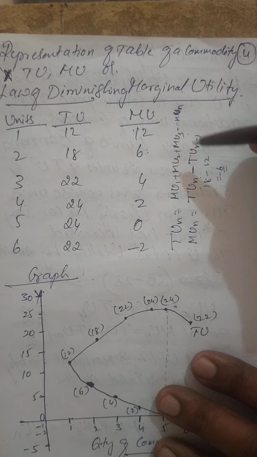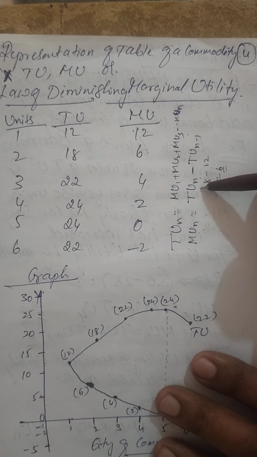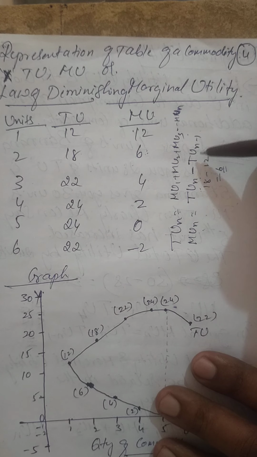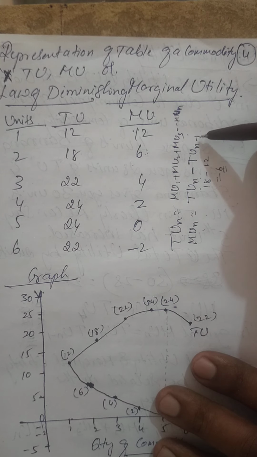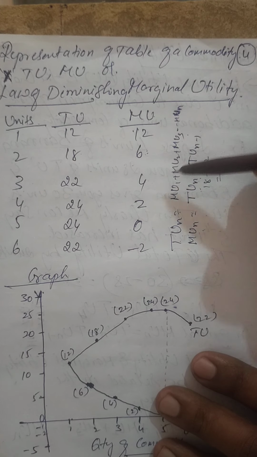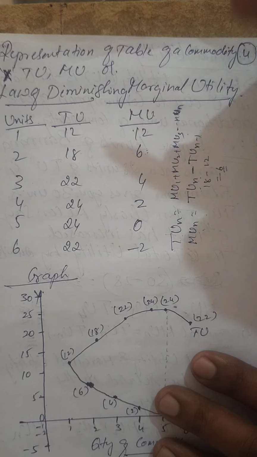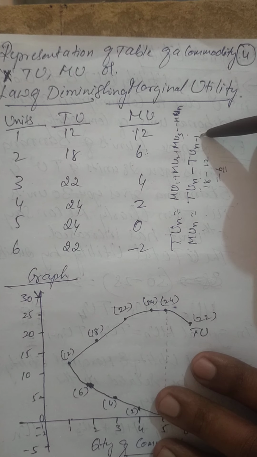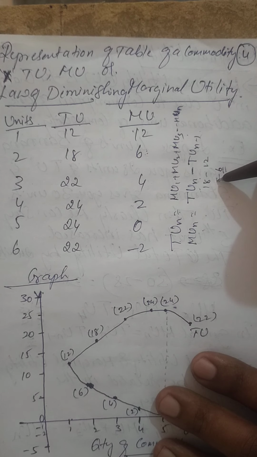As I said in the past example, 30 minus 28. So 30 was the fifth unit, and 28 was the fourth unit, the nth minus 1 value. So the fifth unit is 30 minus 28, which becomes 2. So that becomes the answer.